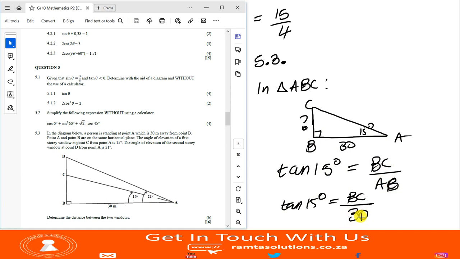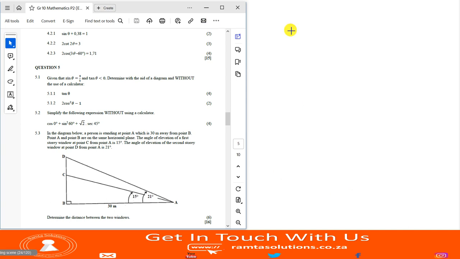So what is AB? AB is 30, right? So let me proceed. We multiply by 30 throughout. Therefore, BC is 30 tan 15 degrees. Remember, they didn't tell us anything about rounding off, so I'm not going to do anything as yet.